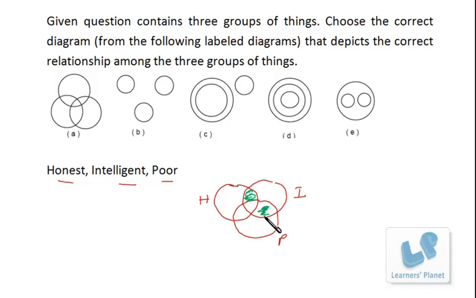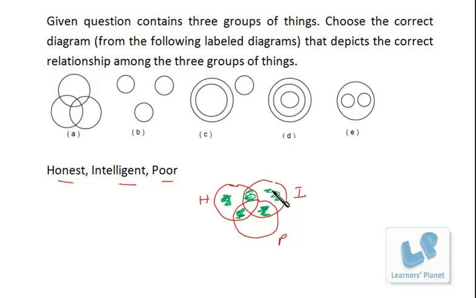This area represents the persons who are intelligent as well as poor, and this area represents the persons who are honest and poor. Now this area represents the persons who are only honest, neither poor nor intelligent. So there will be some persons who are only honest but neither intelligent nor poor.